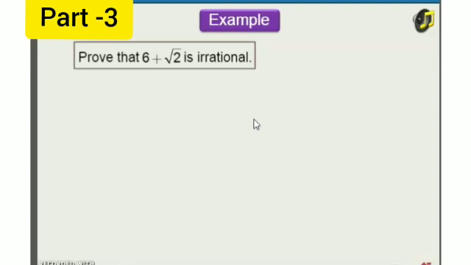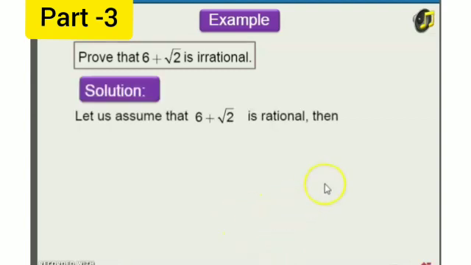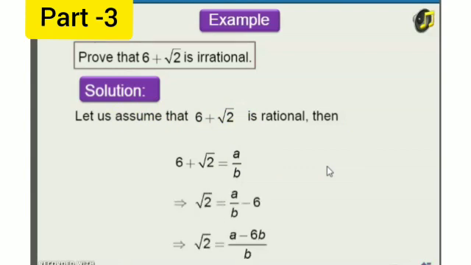Prove that 6 plus root 2 is an irrational number. How can you prove it? Solution: let us assume that 6 plus root 2 is rational. Then 6 plus root 2 equals a by b. Root 2 equals a by b minus 6, by transposing. And root 2 equals a minus 6b by b.